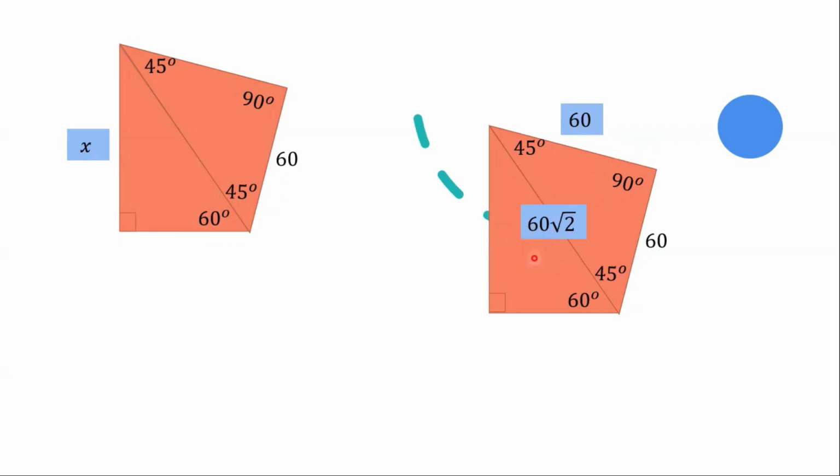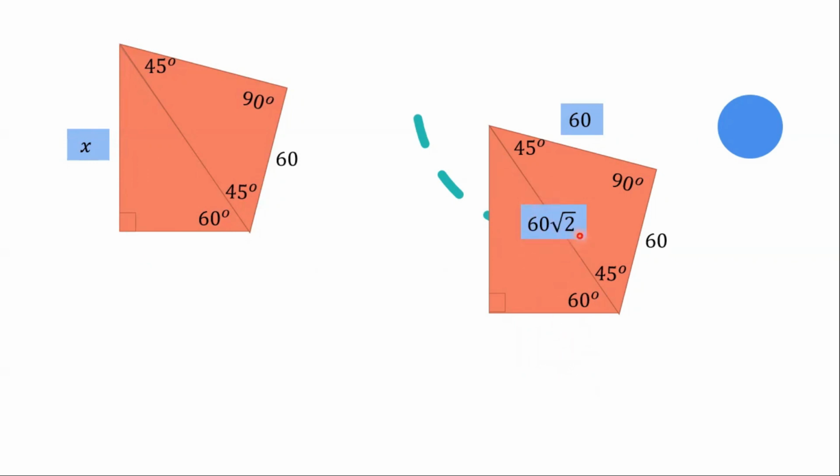Then we are going to solve for x. x is opposite the 60-degree angle and adjacent to the 30-degree angle. So if this is 60, this is 30. We solve first for the side opposite the 30-degree angle. Again, the side opposite the 30-degree angle is always half the hypotenuse.